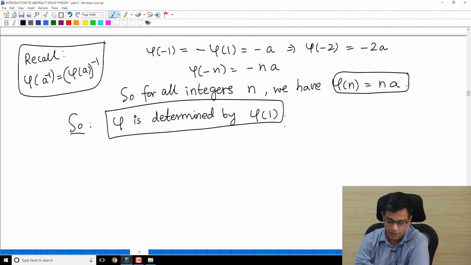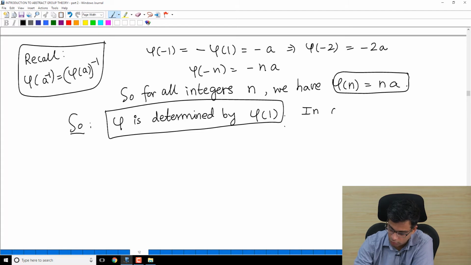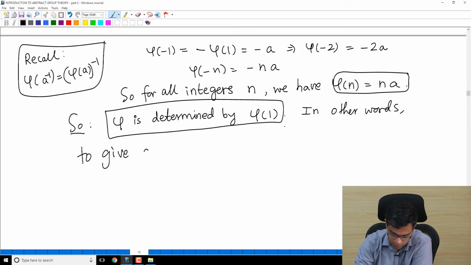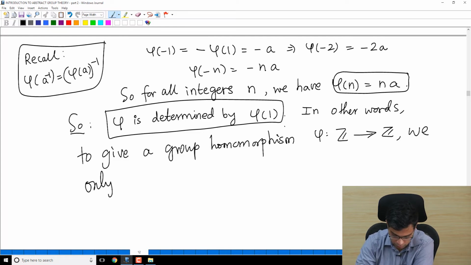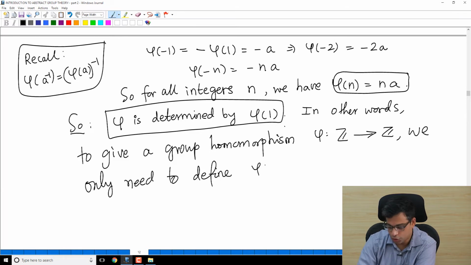All you need to specify, in other words, to give a group homomorphism from Z to Z, we only need to define what should be the image of 1, right?